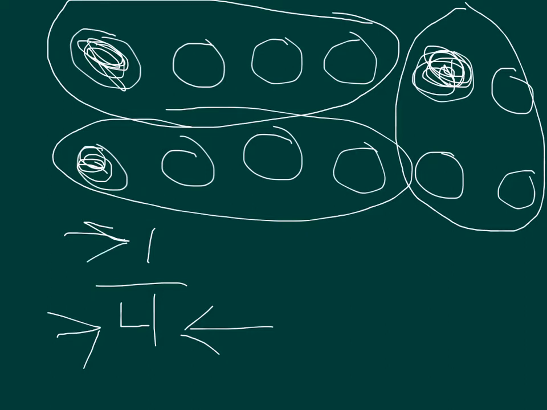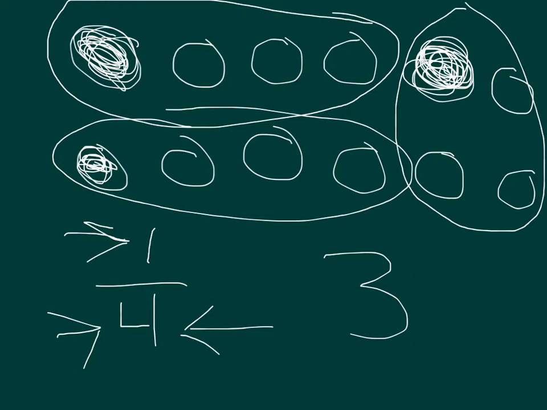After you've shaded, then add them all up. I have 1 here, 2 here, and 3 here. So I shaded 3 circles in all. Now write an equivalent fraction to 1/4.